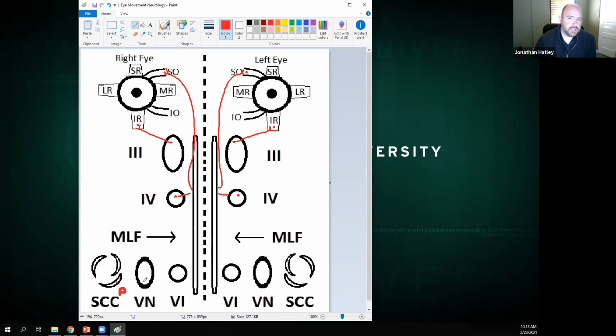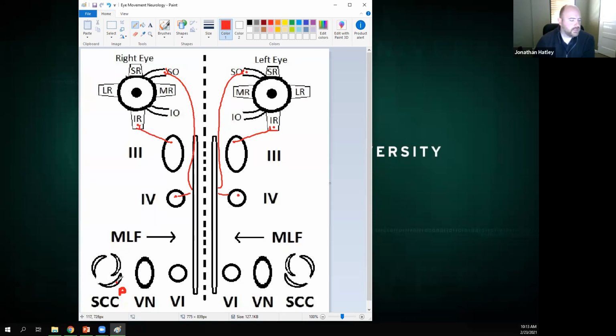Could be medial vestibular nucleus, could be superior vestibular nucleus, but we know it's going to make its next connection in the vestibular nuclei here. After that, we have to memorize where our connections are going. Are they staying ipsilateral? Are they going contralateral? After we leave the vestibular nuclei, things change a little bit for each pathway.